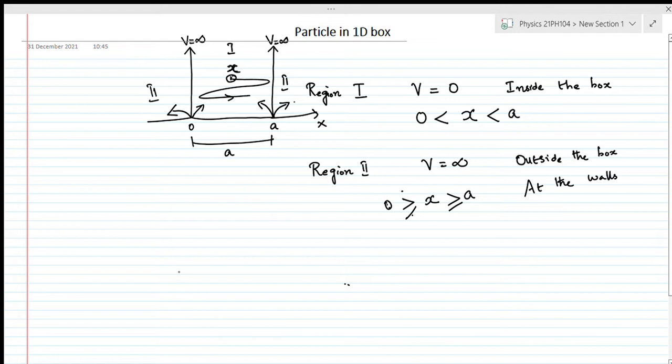We are going to apply Schrödinger's time independent wave equation because the particle will be continuing in its one-dimensional motion that is independent of time.